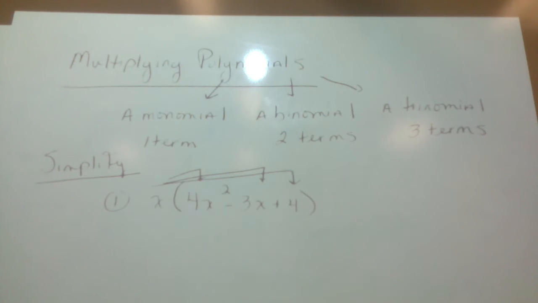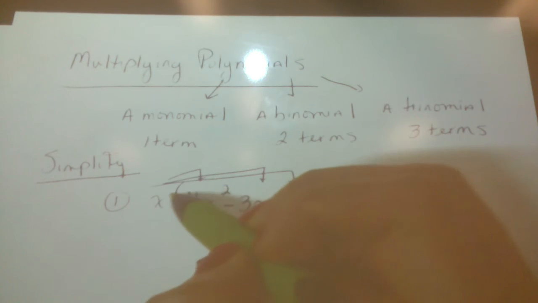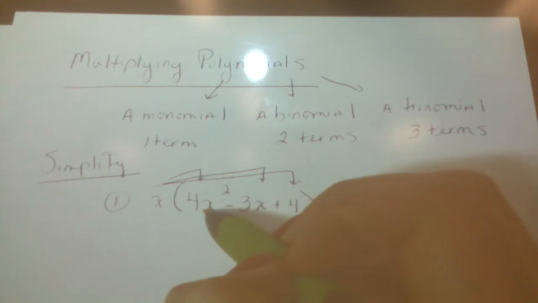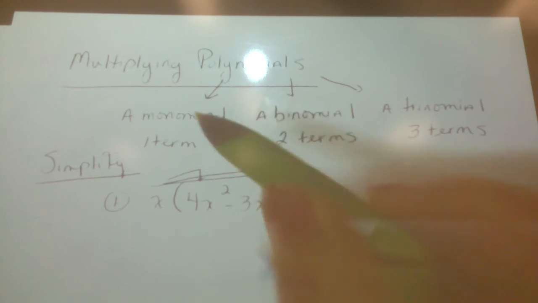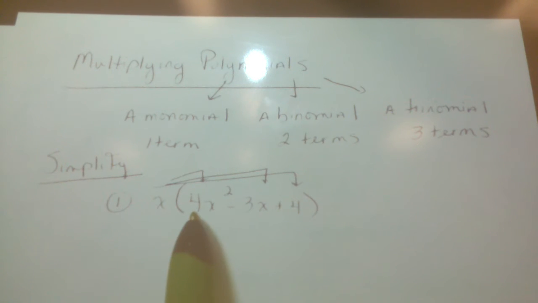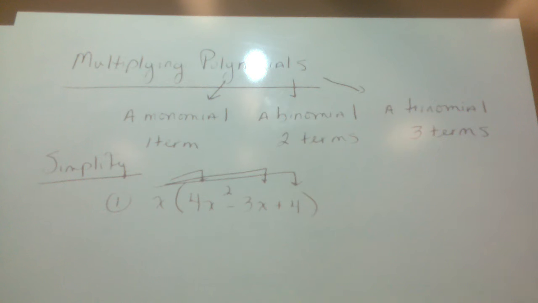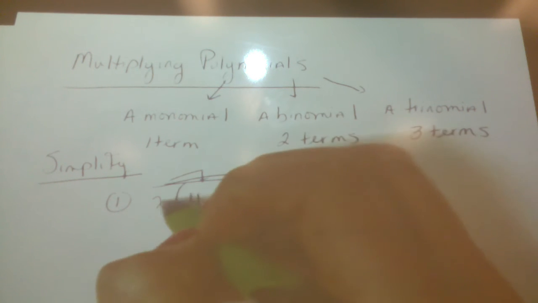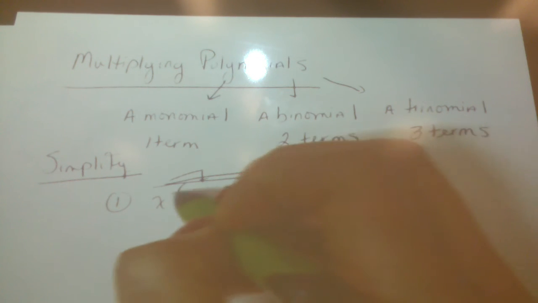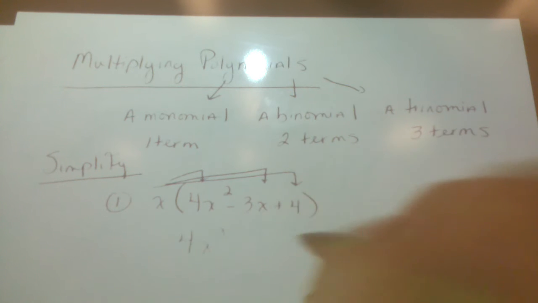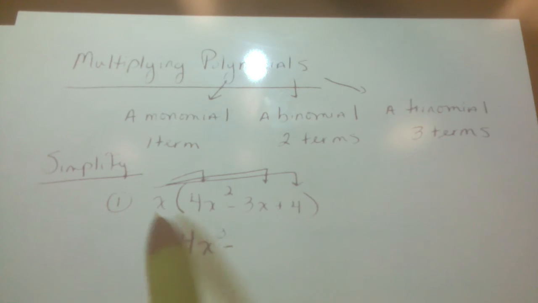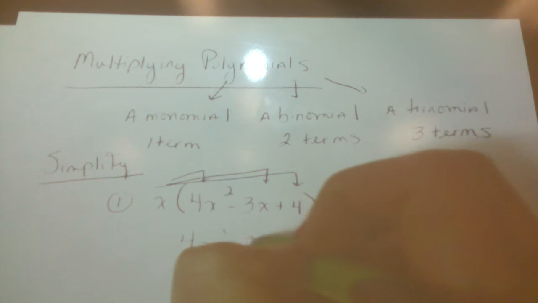So x times 4x squared, I'm going to add the exponents. The rule is when the bases are the same, add the exponents. Now I've got a coefficient of 4 here. The coefficient here, you don't see a number, but there really is a number. It's a 1. 1 times 4 is 4. X to the first, x squared, add those up. X cubed. Minus 1 times 3 is 3.